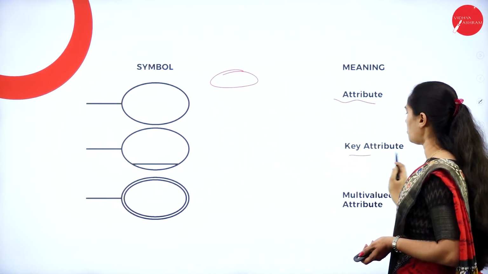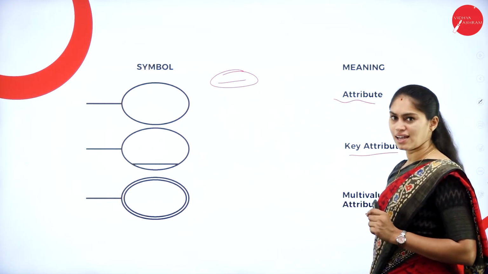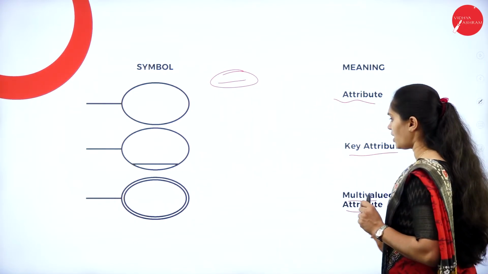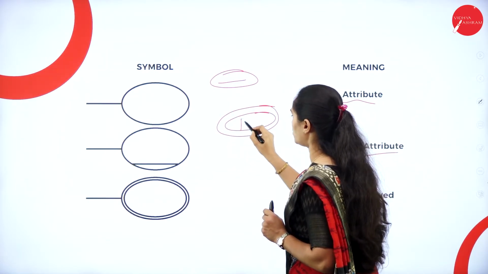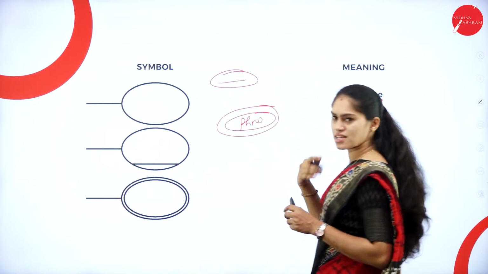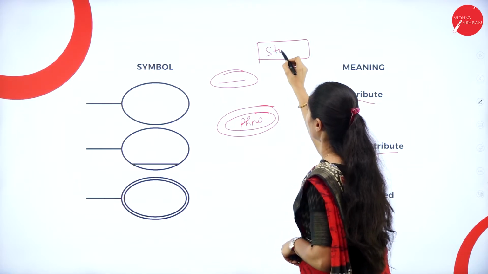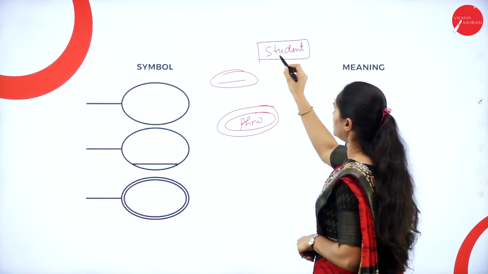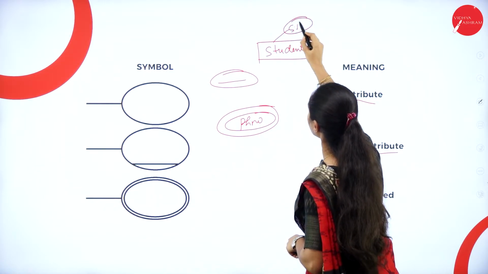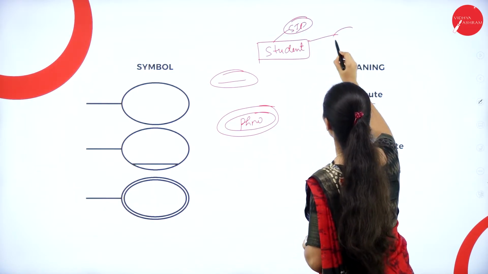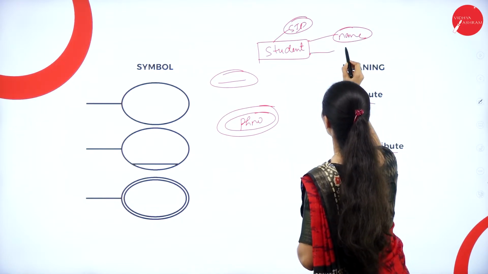If I want to represent the key attribute, that attribute value will be underlined. A multi-valued attribute will be represented differently. For example, consider student. Student is an entity here. The entity is represented with a rectangular box, and student will have a student ID, a student name, and a phone number.